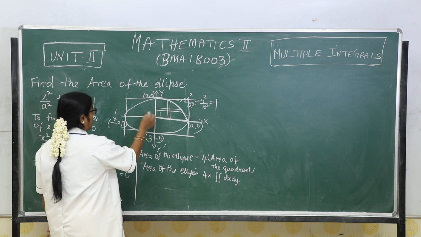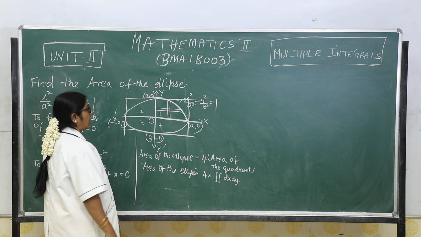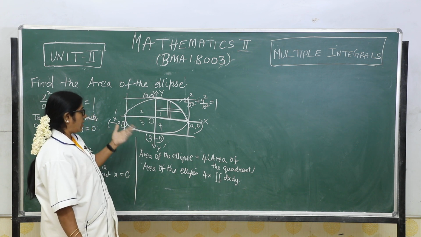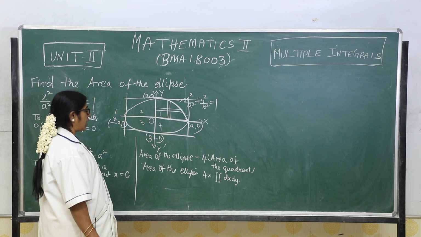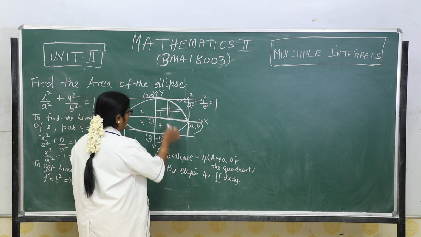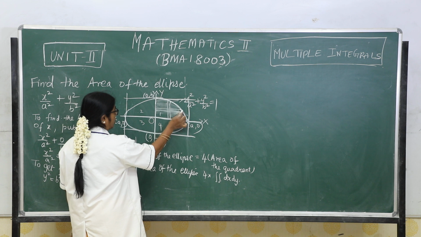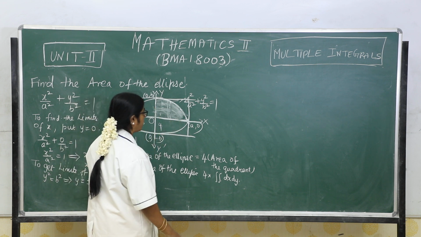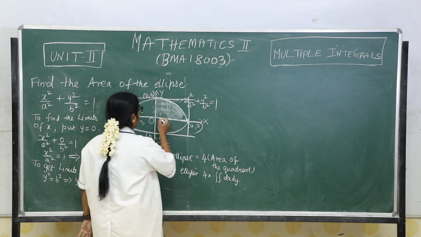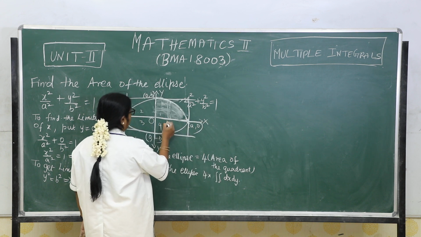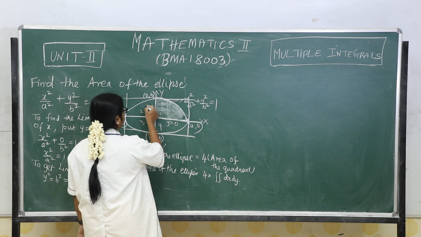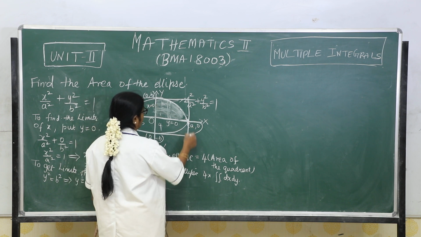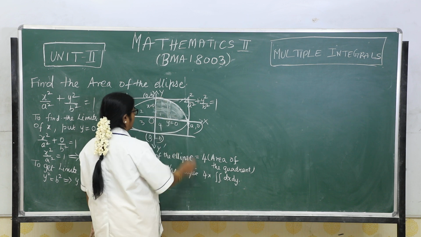So, 1, 2, 3, 4, and therefore, in one quadrant if you find the area and multiply by 4, you will get the area of the ellipse. Now, my main idea is to find out this region. This is the line y equal to 0, this is the line x is equal to 0, and this is x is equal to a, and this is y equal to b.